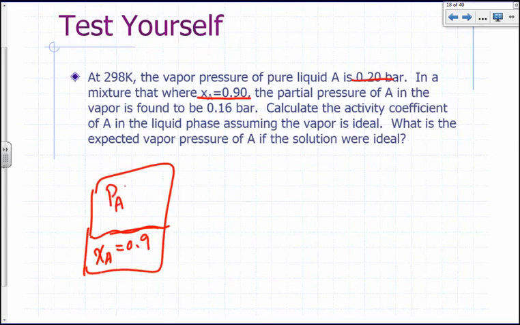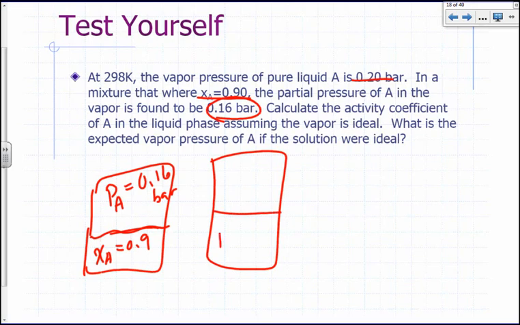And the partial pressure of A in the vapor is found to be 0.16 bar. If it was pure, your vapor pressure of A, so PA star, is found to be 0.20 bar. Same problem we had earlier. Calculate the activity coefficient, assuming the vapor is ideal, and see if our liquid is ideal.